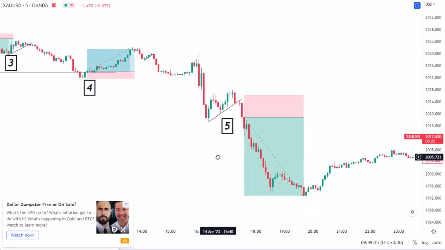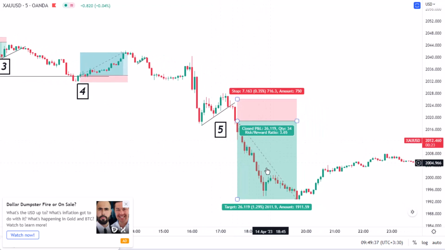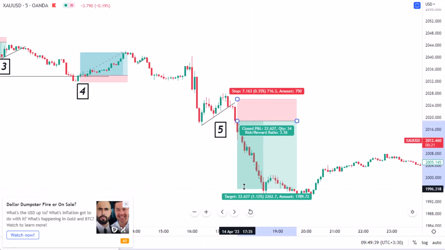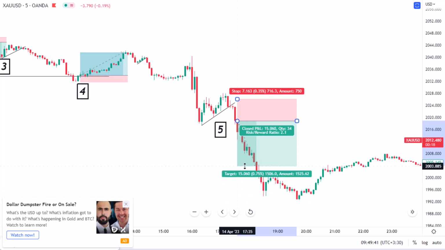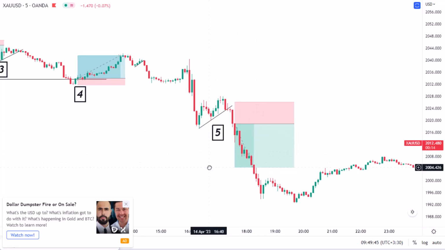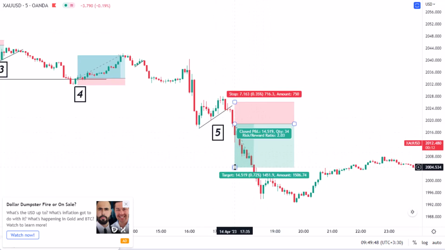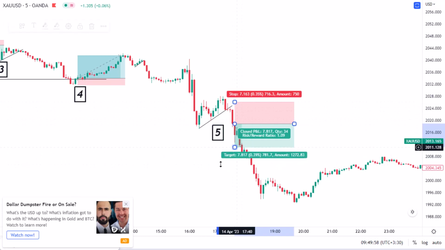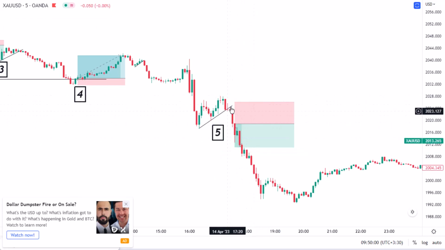And something that I should tell you: when our position gives us RR2, we can close our position, okay? But when it gives us RR1, like this one here, we can risk free our position.